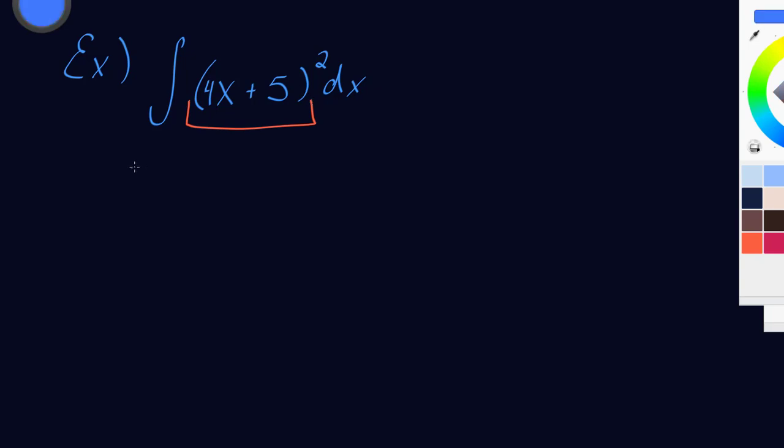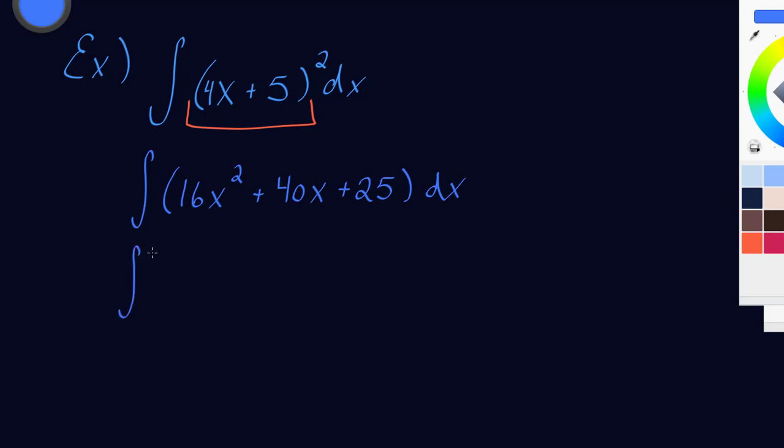So if we expand that out, what we're going to get is 16x squared plus, so let's see, that's going to be 40x plus 25 dx.